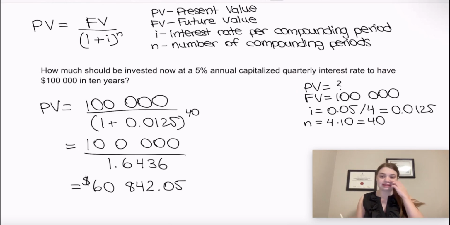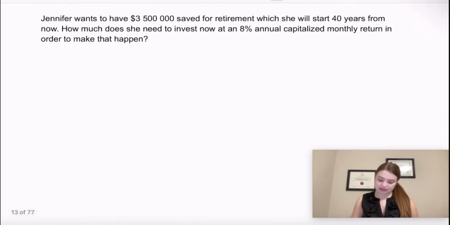So this tells us that if we invested $60,842.05 today at this interest rate, we would end up with $100,000 in 10 years. So we would gain a little less than $40,000 by doing that. If you have that money right now and you'd like to do that, fantastic. That's great. Okay. Let's move on to this next one.